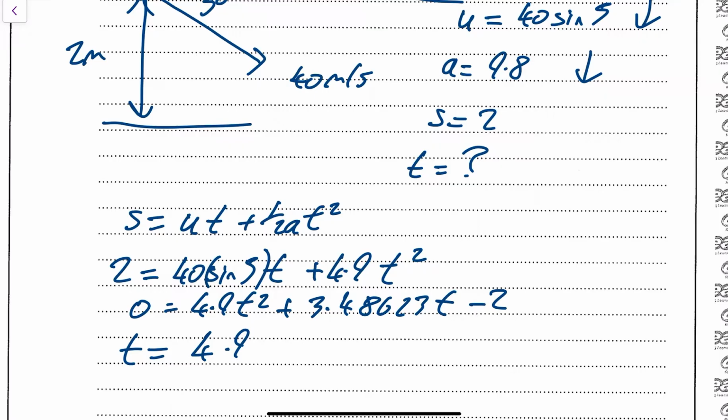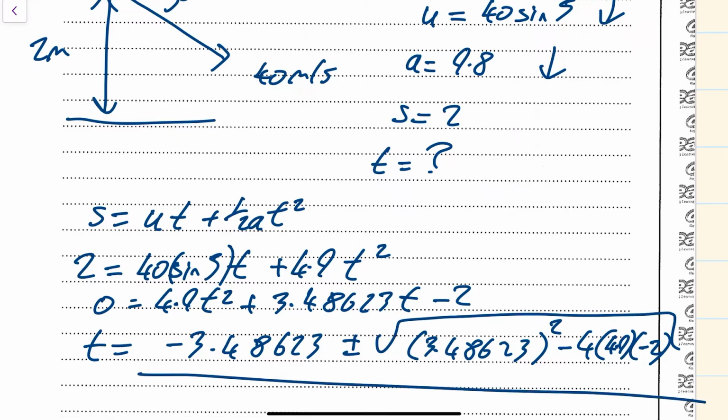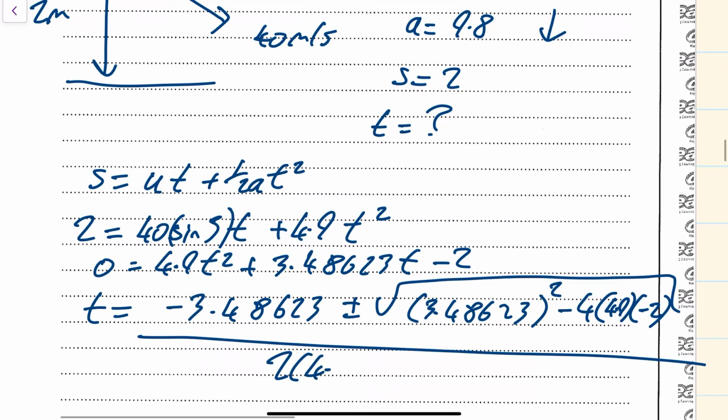And again, you can use your calculator to do that, or you can do the formula as I will do here. Minus 3.48623 plus or minus the square root of 3.48623 squared minus 4 times my a, which was 4.9, times my c, which was minus 2, all divided by 2a, so that's 2 times 4.9.